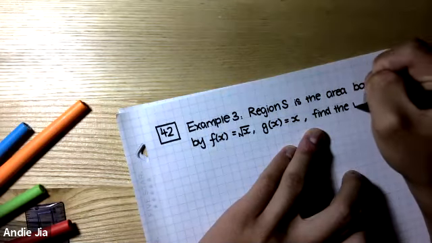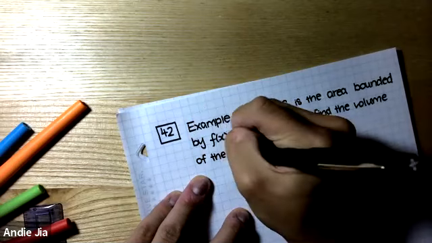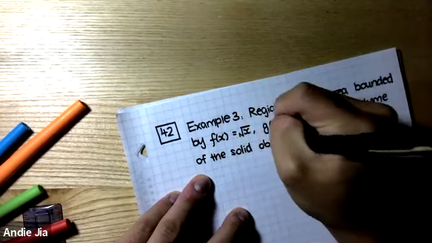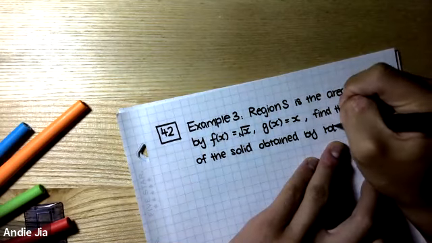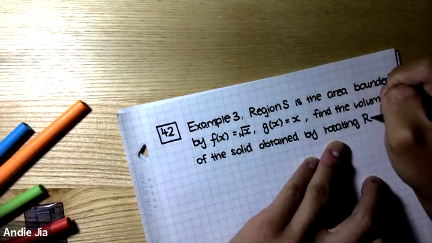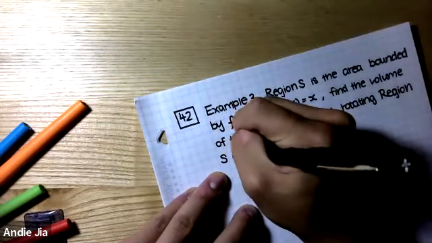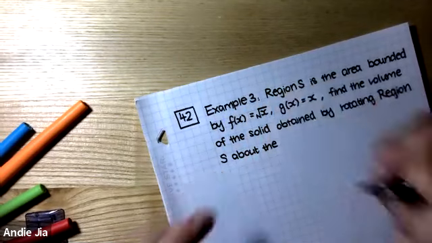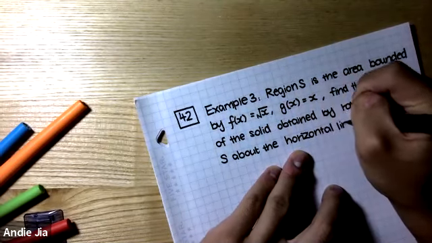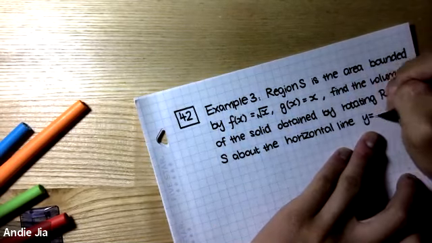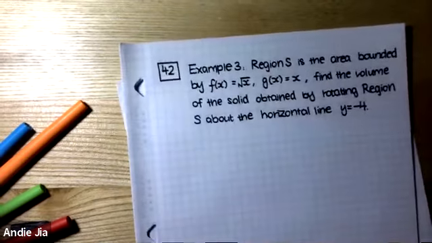Find the volume of the solid obtained by rotating the region S about the horizontal line y equals -4. Maybe pause the video and try it on your own. Perhaps this is on the actual midterm.